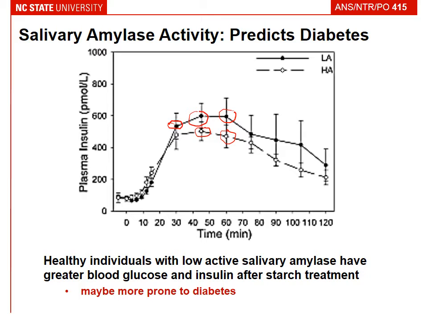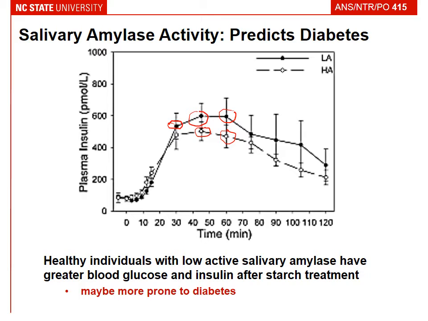In addition, they had greater glucose levels in their plasma if they had low amylase activity. However, if they had high amylase activity from their saliva, they had much lower levels of both plasma glucose and insulin. And this only happened when they were provided starch.